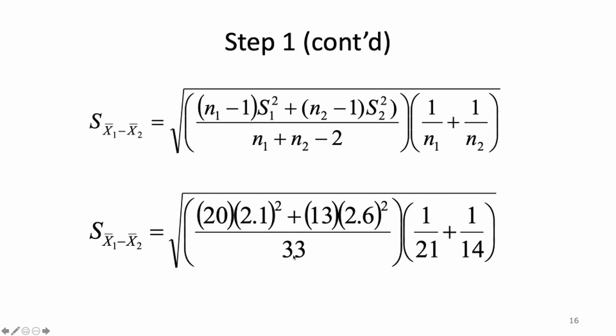So we have 21 plus 14 minus 2 equals 33. We can solve. Ta-da! 0.797. That's the pooled standard error of the difference.